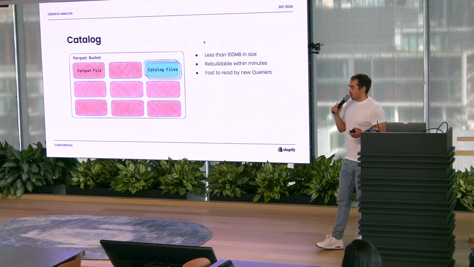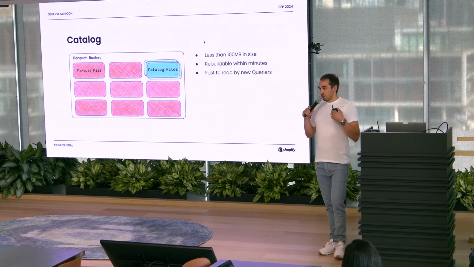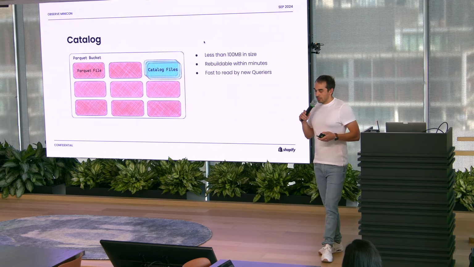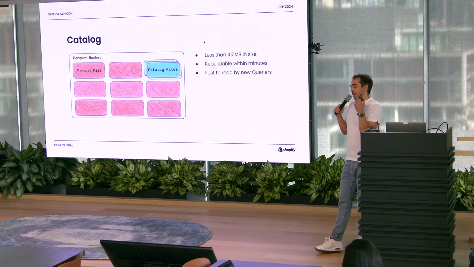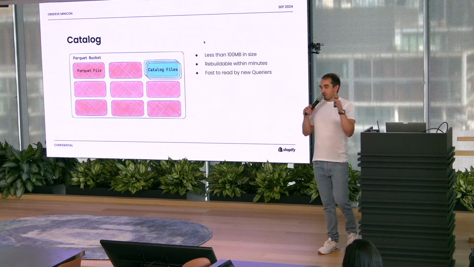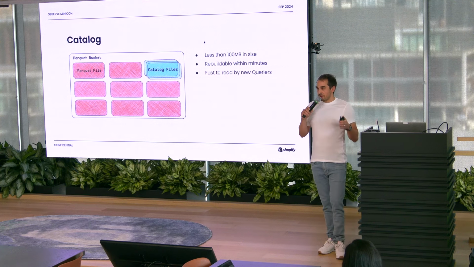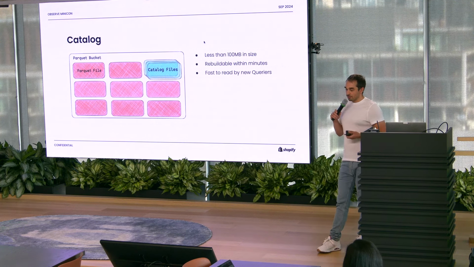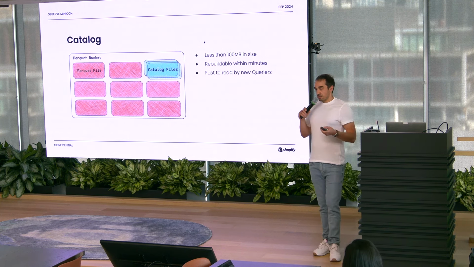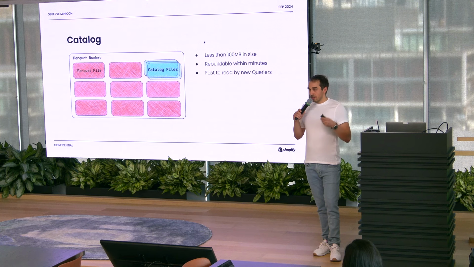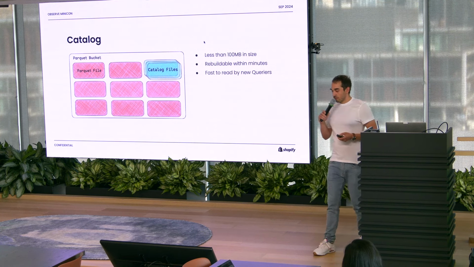It's less than 100 megabytes in size, so it's very fast to download, and it has some basic metadata, like for each individual metric, what are the relevant Parquet files that need to be read and so on. So when a querier boots, it reads the catalog files. That takes less than 3 or 4 seconds, and at that point, it's ready to go.